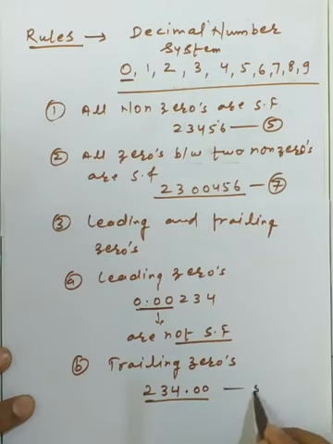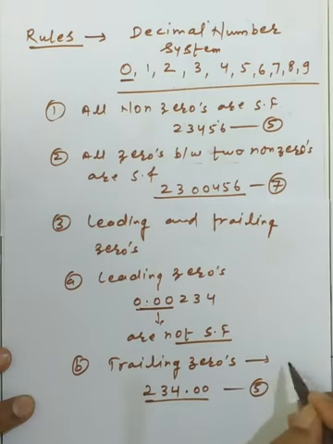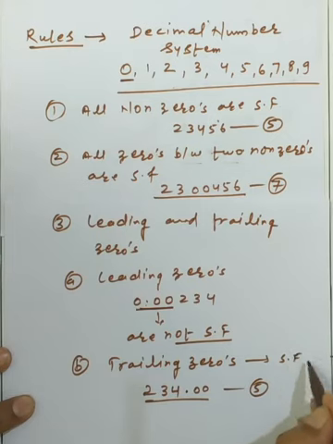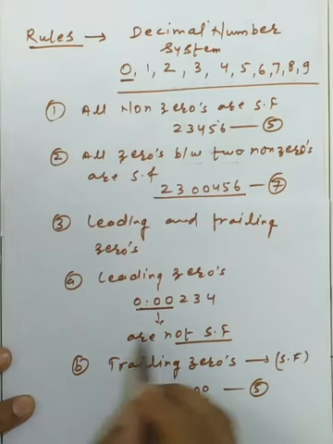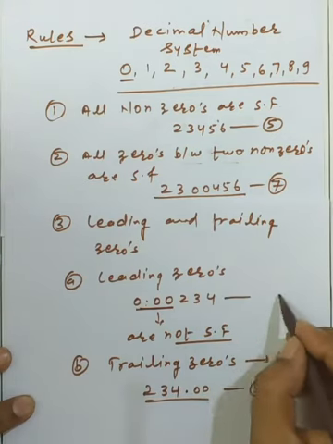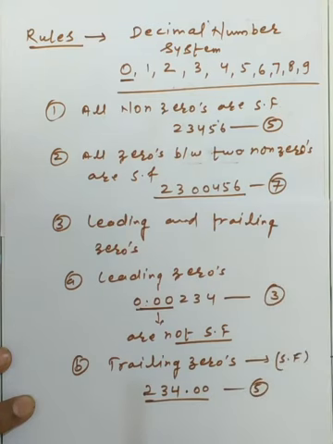The total number of SF is 5, and these zeros will be counted as SF. So trailing zeros are generally SF, and leading zeros are not SF, so this number only has 3 SF. Okay, so this is the story of trailing zeros.